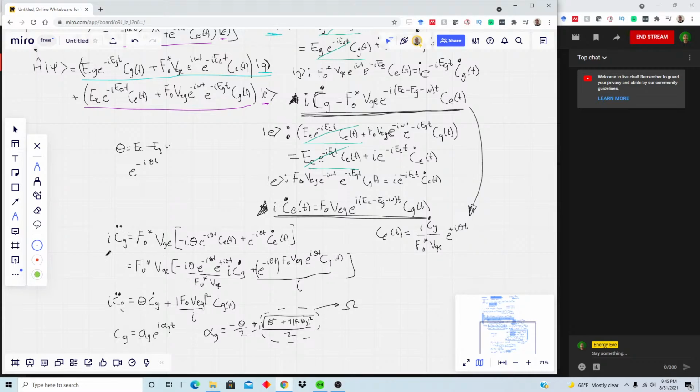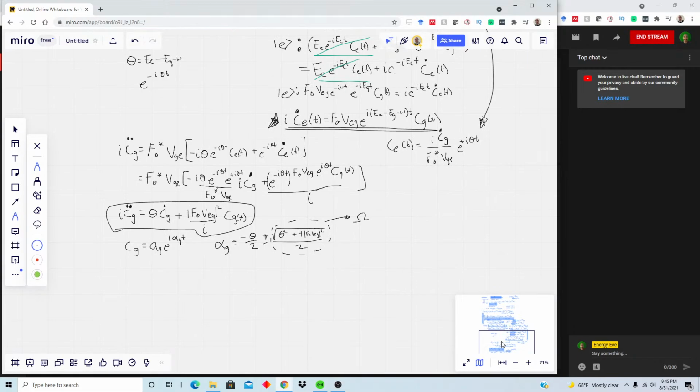And now that we got this equation, we can solve it using differential equation tactics, giving us this solution. And so notice how we actually do have a decaying term. I just noticed that. Oh, no, we don't actually. This is still all real valued. I guess it might depend on these values.